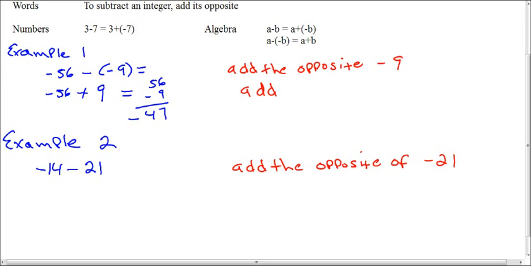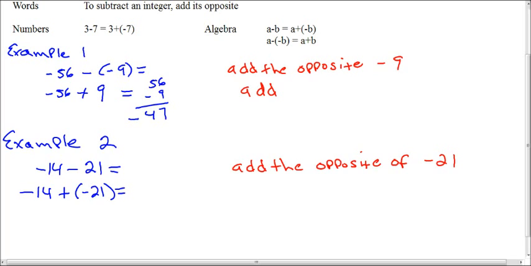Okay. So here, our problem, if we're going to add the opposite, and again, I put my 0, will be a negative 14. Opposite of subtraction is plus, and that's a positive 21, so it becomes a negative 21. And what do the rules say?